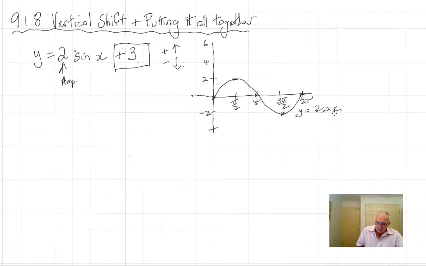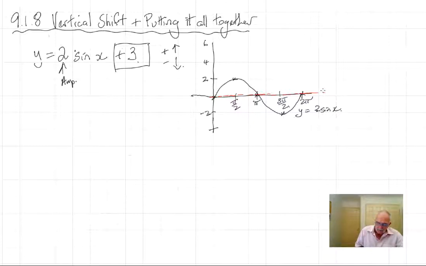Now plus 3 moves the whole graph 3 units up. Sometimes it's a bit difficult to get this concept, but think of the middle line, sometimes called the equilibrium line, because the graph oscillates above and below the equilibrium line. The equilibrium line at the moment is just the x-axis.